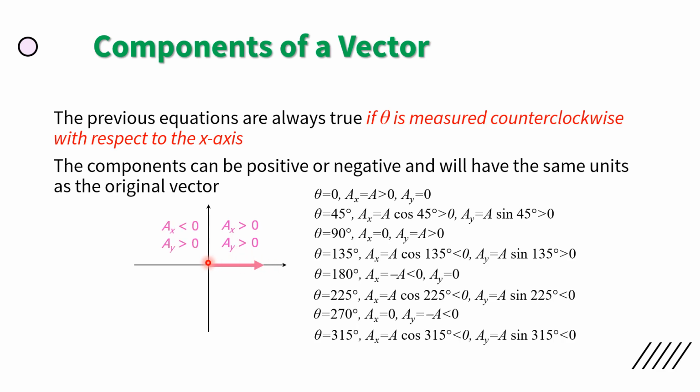And in the second quadrant, from 90 degrees to 180 degrees, the x component is negative and the y component is positive. In the third quadrant, we have both the x and y components negative. And then in the fourth quadrant, the x component is positive, but the y component is negative.